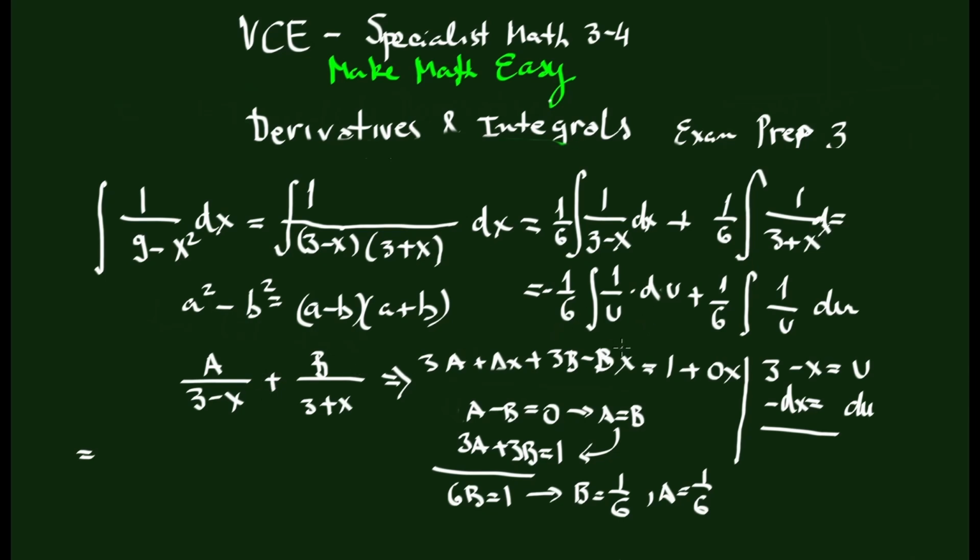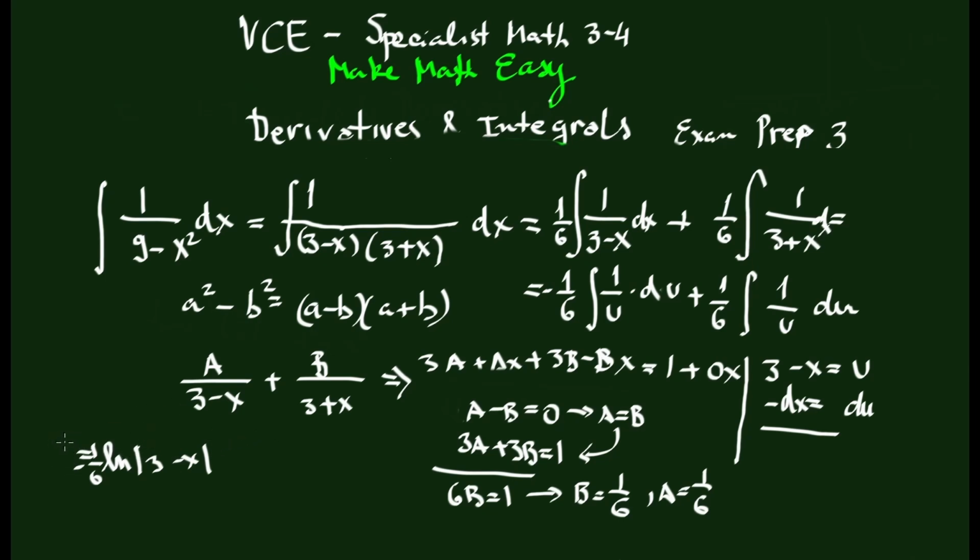That's the natural logarithm of u. For the first one, the absolute value of 3 minus x, and 1/6 is here with a minus in front.